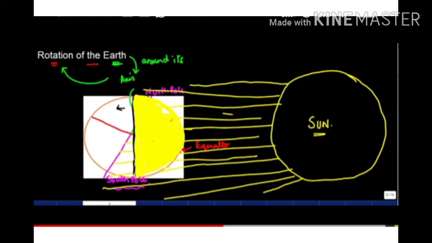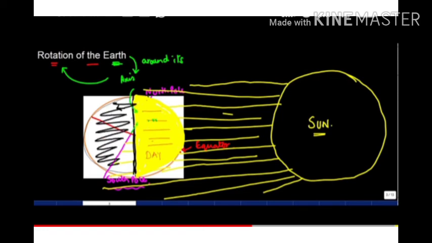Why? Because the sun rays are falling directly on this particular piece, right? So this part of the earth will have a day, whereas the one which is lying on the other side, which is this portion, is going to have night.